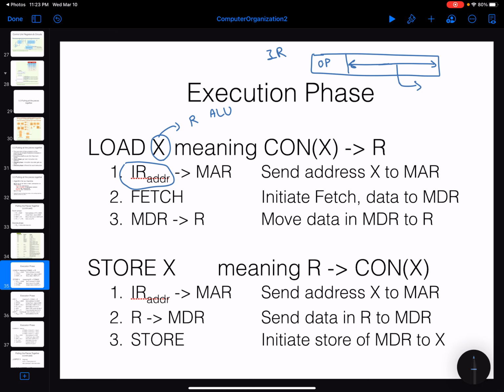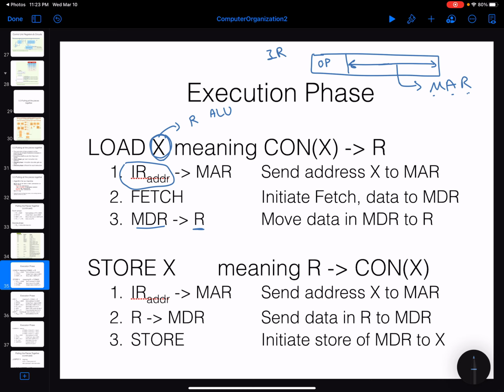It will be sent to the MAR inside the memory unit, the memory address register. Then a fetch signal will be sent. Then the content from the MDR, which is the content of the memory address X, will be sent to the register R inside the ALU.